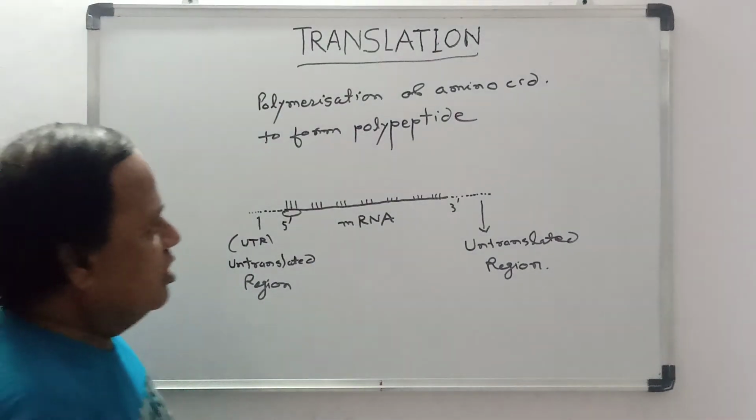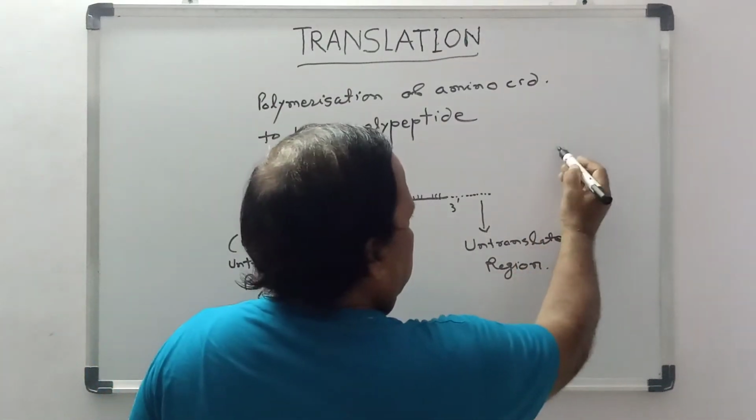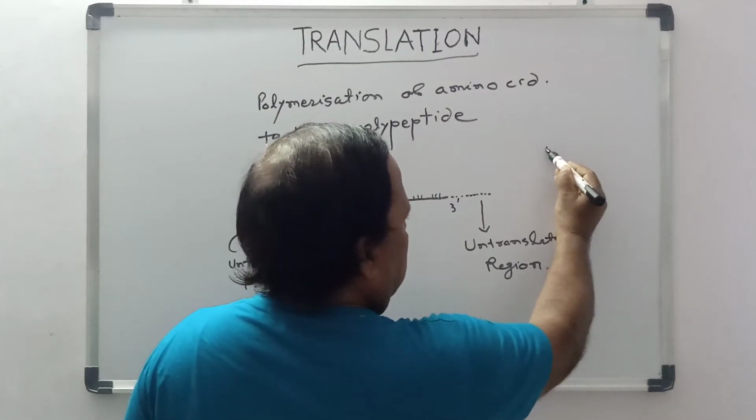So what is a ribosome? A ribosome is an inverted bowl-like structure, like this.